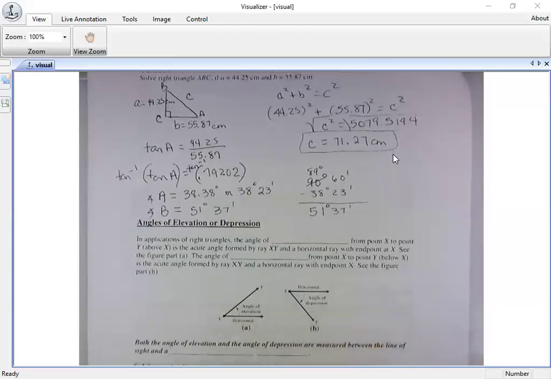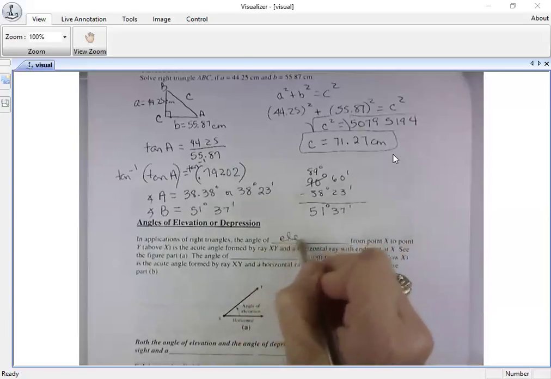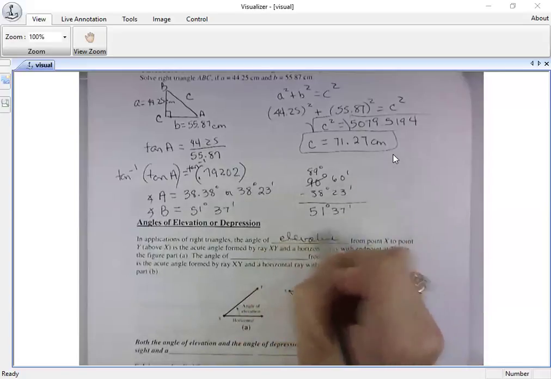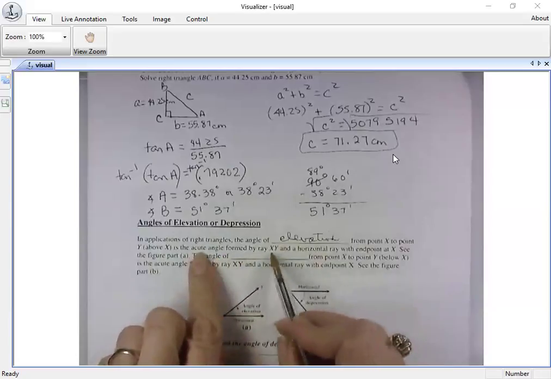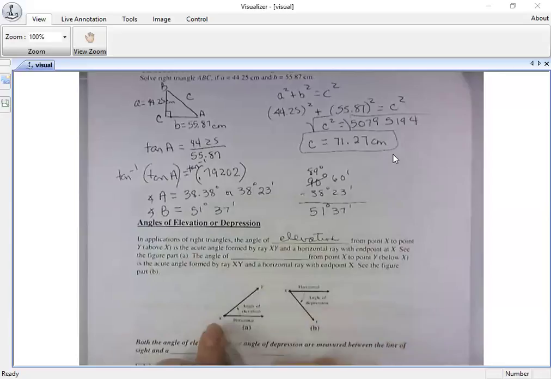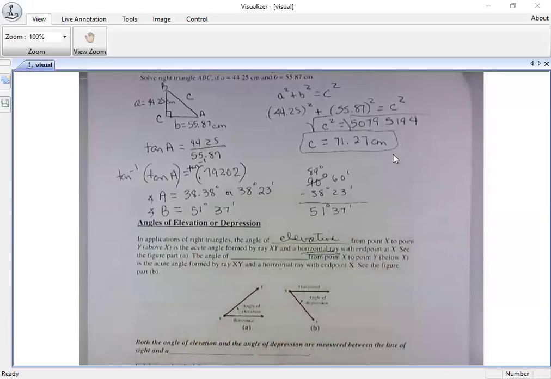So these would be some real world things, but what you have to make sure is that the angle of elevation will always be the acute angle formed by whatever the ray is, x, y, and a horizontal ray with an endpoint at x. In other words, it's always going to go from the horizon.